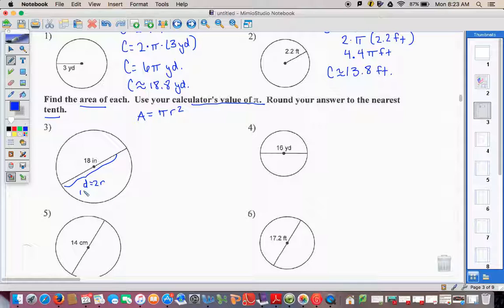If we have 18 is equal to 2r, and we divide both sides by 2, we get that our radius is 9. Now that we know what our radius is, we can substitute that information into our formula and solve for the area of this circle.